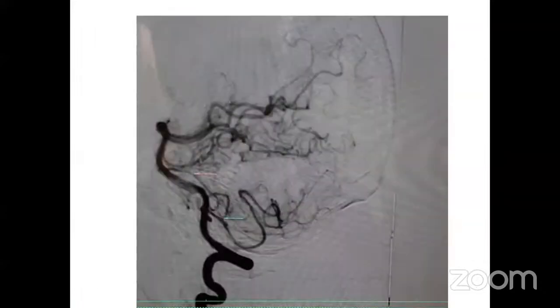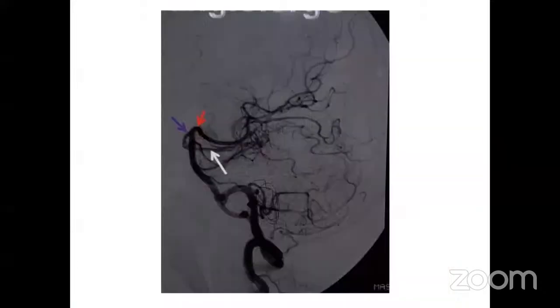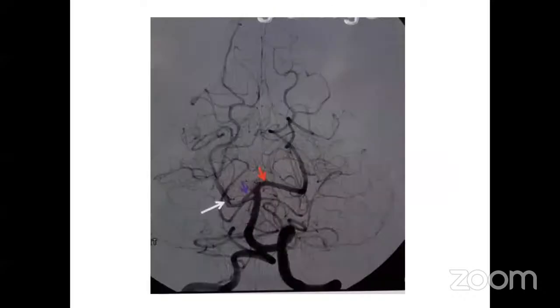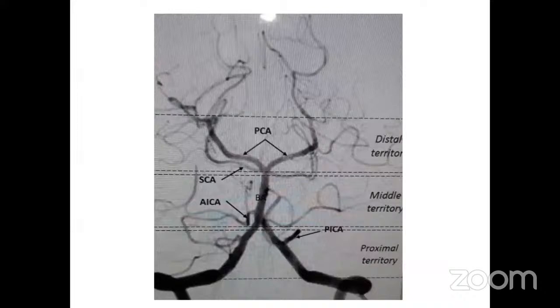Next image. You didn't include that oblique image. Next. Okay, stop here. Now this is that anterior image.